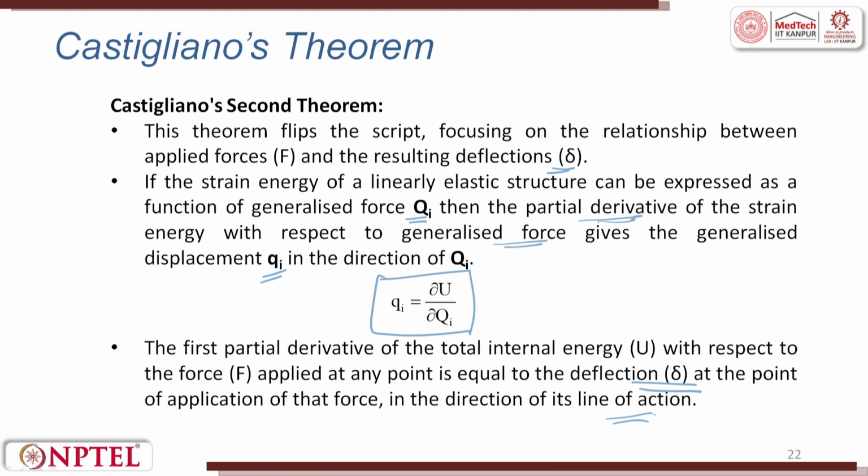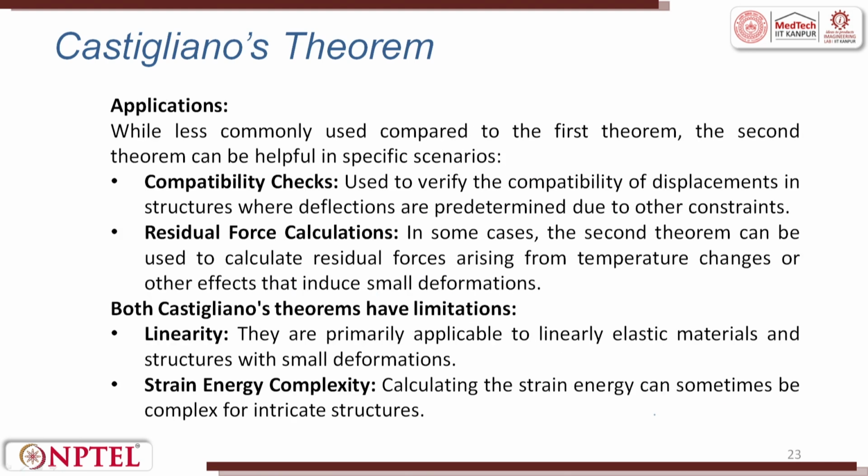So, the second law finds its application while less commonly used compared to the first theorem. The second theorem can help in the specific scenario like compatibility check, used to verify the compatibility of displacement in structures when deflections are predetermined due to other constraints.